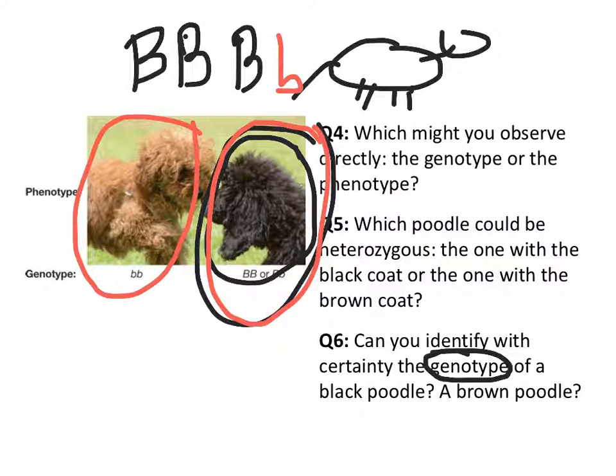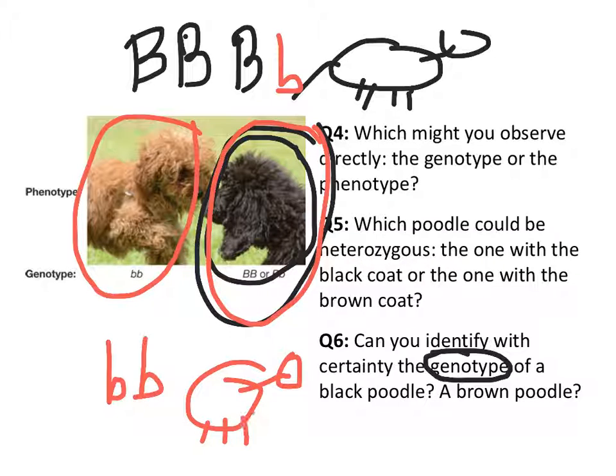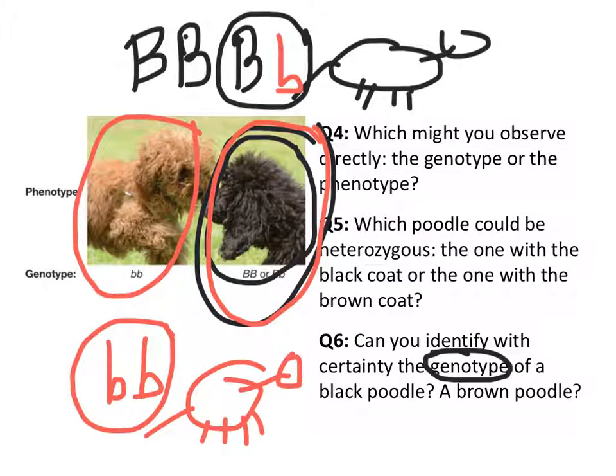With a brown poodle, you can. The only way you can get a brown poodle is by two small b's, okay? You cannot get a brown poodle from a heterozygote. Only homozygote recessive.